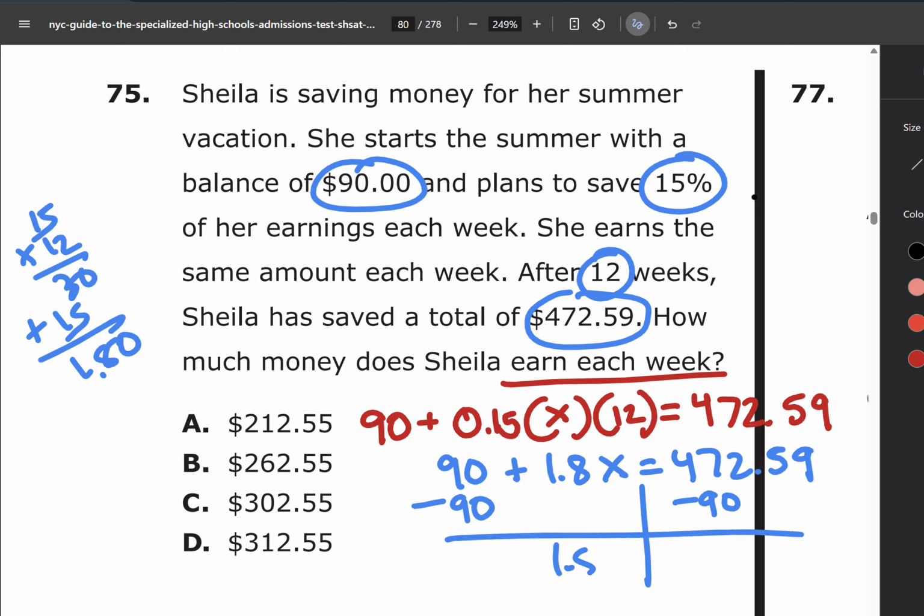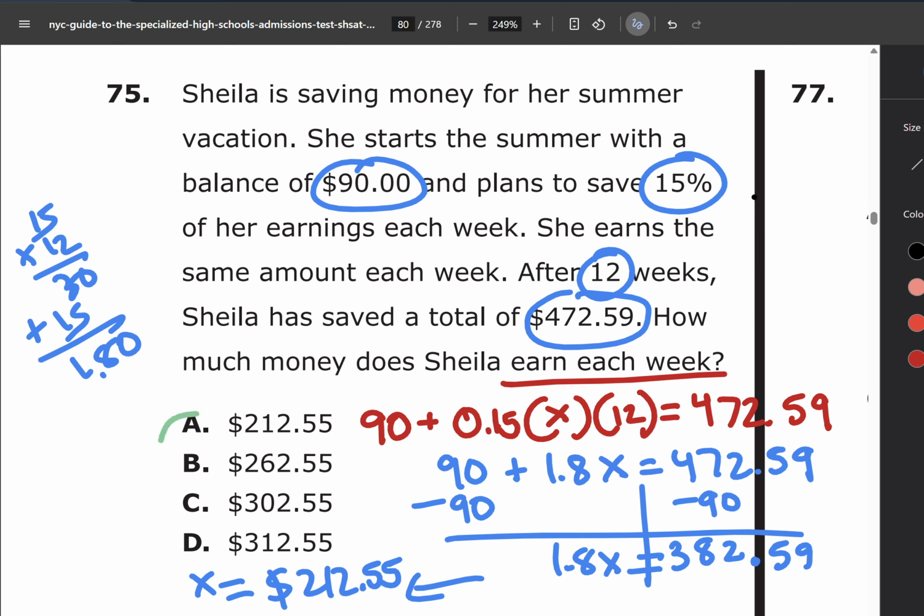And we will get 1.8x is equal to, let's see here, 0.59 still, 472 minus 90 is 382, so 382.59. And then if you find the value of x over here, you'll find that x is equal to 212.55, which is the answer right here, choice A.